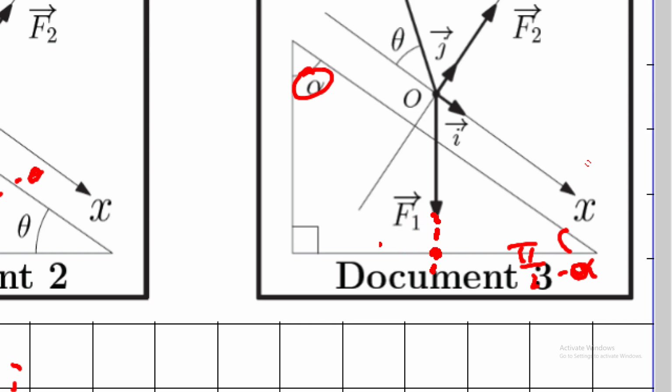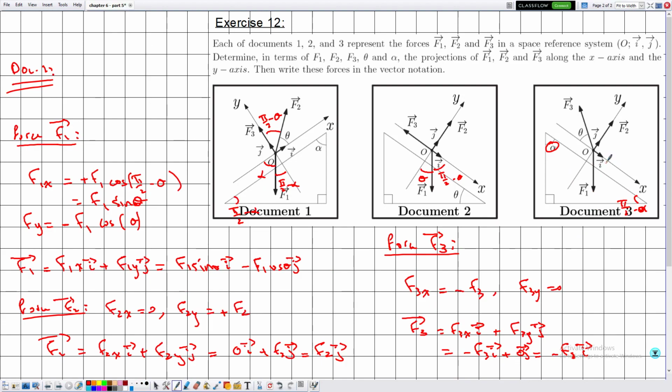We complete the prolongation of F1, so this is A, B, C, a right triangle at A, which means that this is pi by 2 minus alpha, then this is alpha because they must add up to pi, and this line is parallel to this line, so this is also equal to alpha. So in this case, this angle is alpha, and if this is alpha, then this is pi by 2 minus alpha.